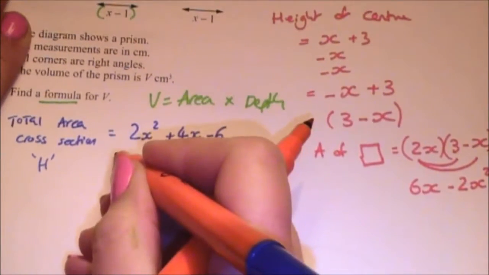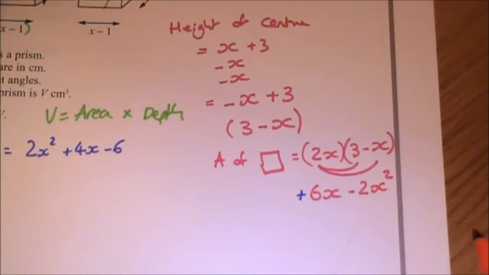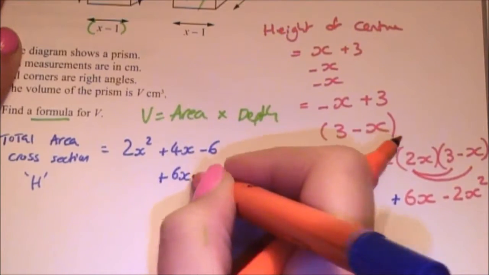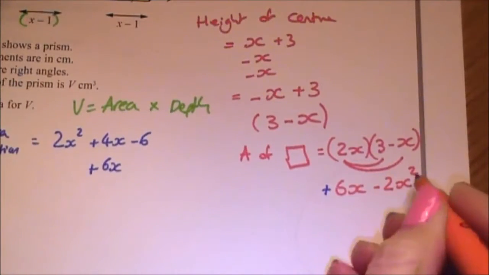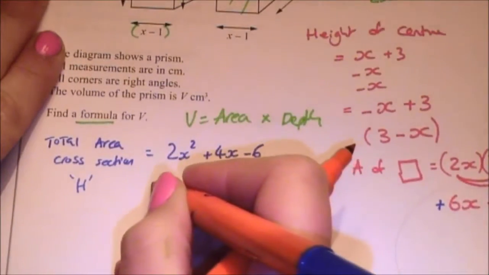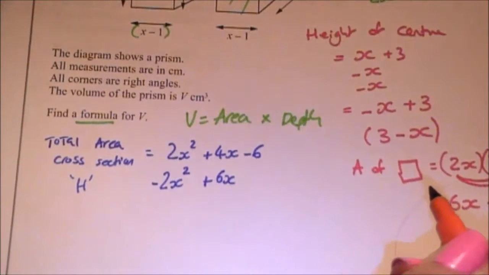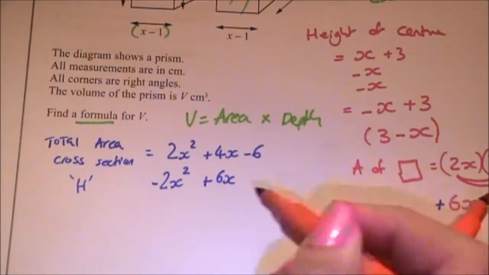So I'm going to add, because that's a positive 6x, I'm going to add 6x in there. And then I'm also going to add that negative 2x squared. So negative 2x squared. The fact that I'm saying add the negative comes down to the fact that you're adding them, but it's overall a negative operation.